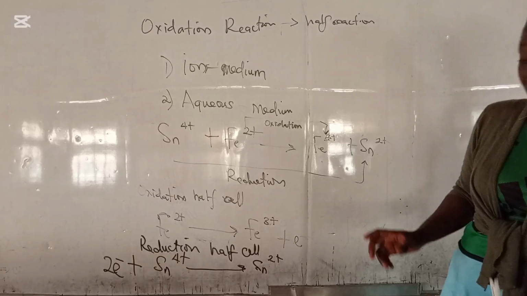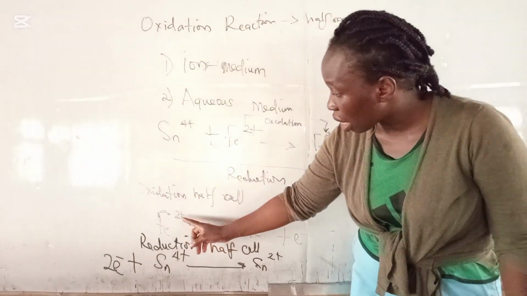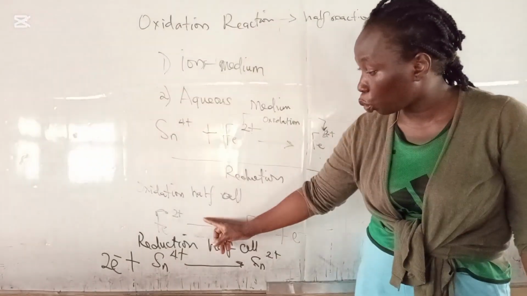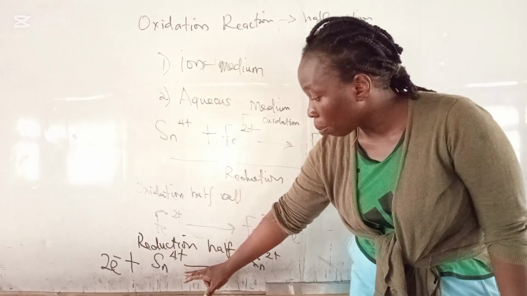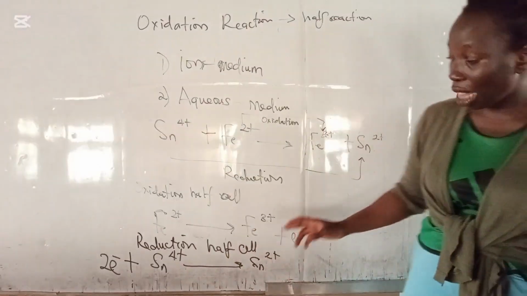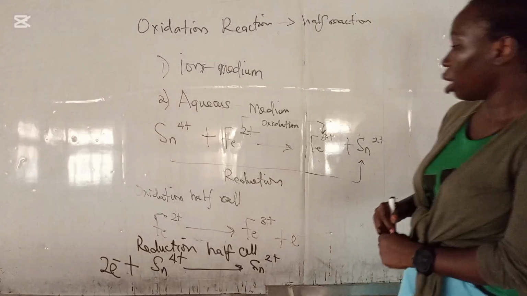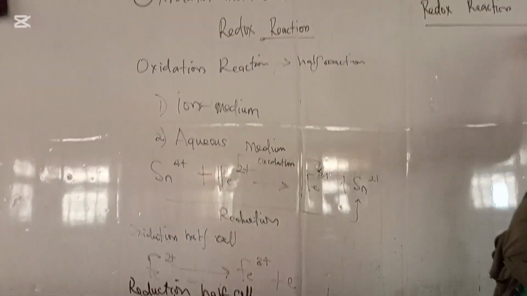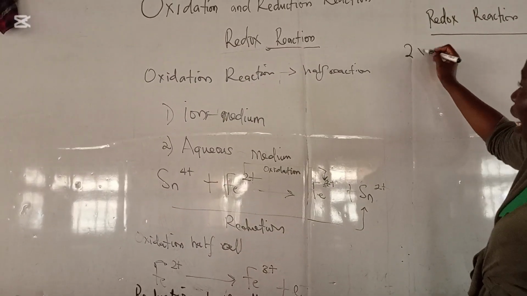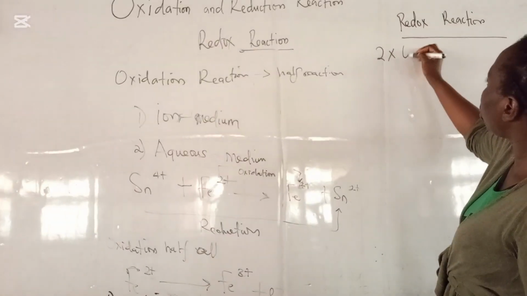And in doing that, it means we will multiply this oxidation half cell by 2 and multiply this one by 1. In that way, they will have common number of what? Electrons.